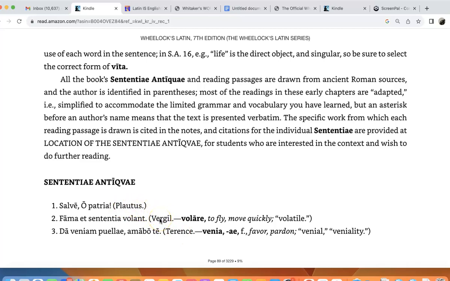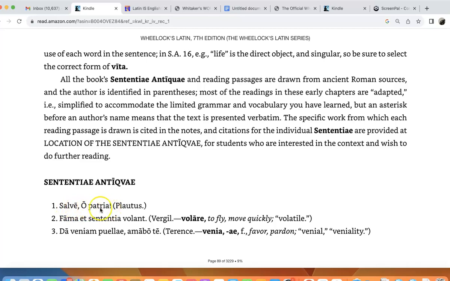Obviously, we have architecture and other kinds of geographical remains, but when it comes to the language, it is Rome's great writers, and also continued later by Christian writers, that preserved Latin over the ages, and that's largely where our Latin comes from.